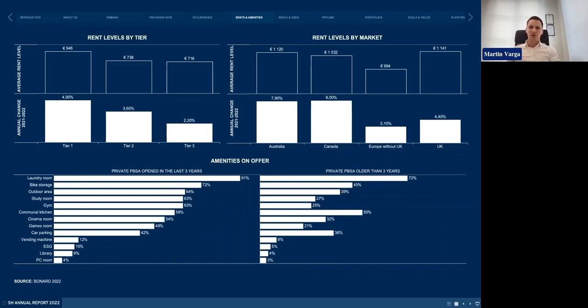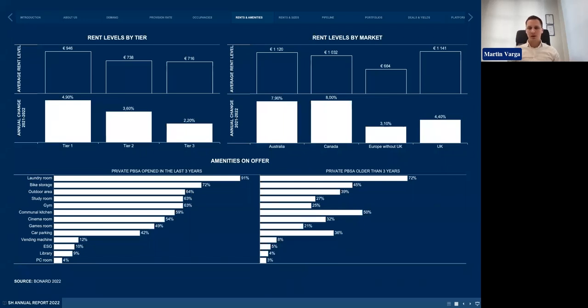If we take a closer look at the European countries and break it down a little bit more, we saw much higher increases in the CEE region, where rents rose by more than 20%, mainly due to the lower provision rate and in general a less competitive market.